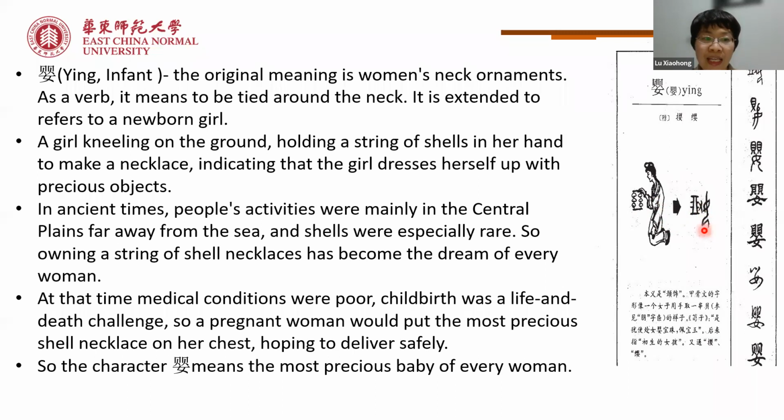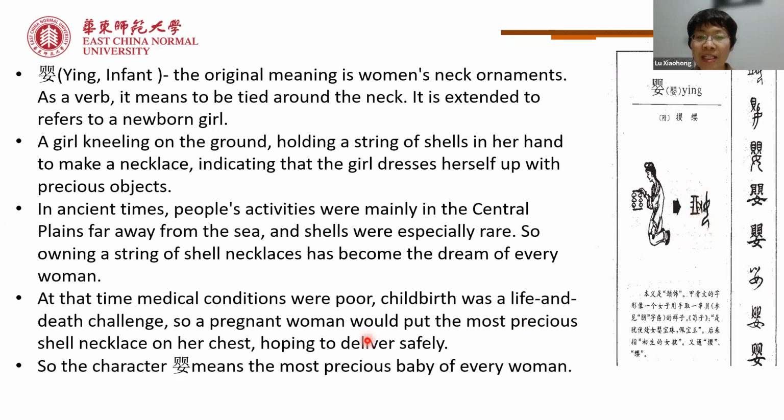As we know, in ancient times, people's activities were mainly in the Central Plains, which is far from the sea, that's in China. And shells were especially rare, so shells were used as currency. So earning a string of shell necklace has become the dream of every woman. So that's the original shape of the character 婴.